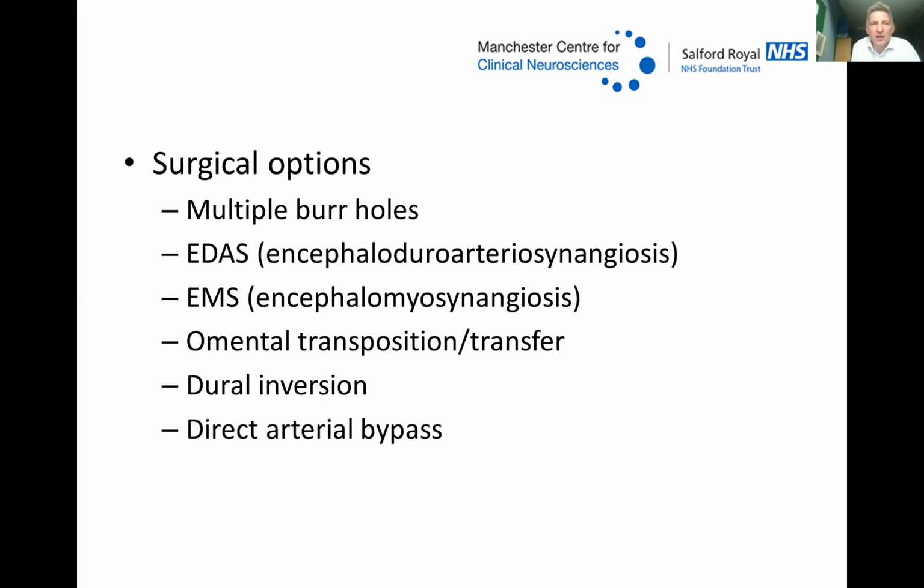You can put muscle there, but that doesn't tend to be used now. People used to lay on temporalis, but that's quite epileptogenic, so most people wouldn't do that now. Again, in the past, people would put omentum onto the cortex. That's not used very much now, and direct arterial bypass.